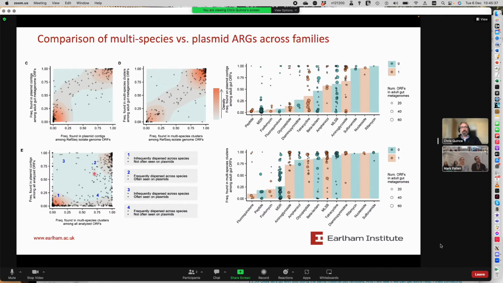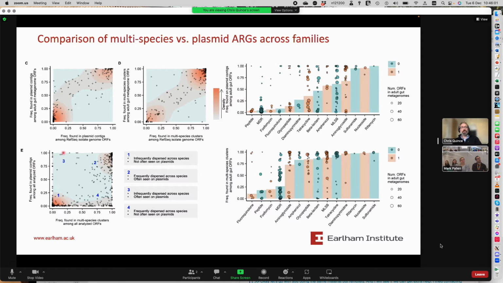We have a lot of families which have a high level of plasmid association and mobility, which makes sense. We also have some families which have a lot of multi-species clusters that aren't on plasmids, which also makes sense because there are other ways to be mobile. And then a lot of things that are neither on plasmids nor mobile.